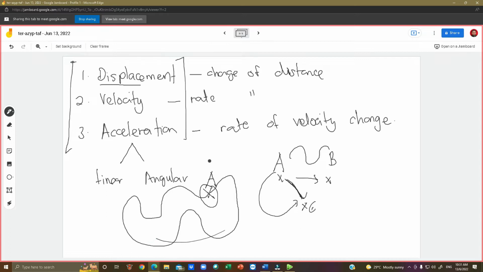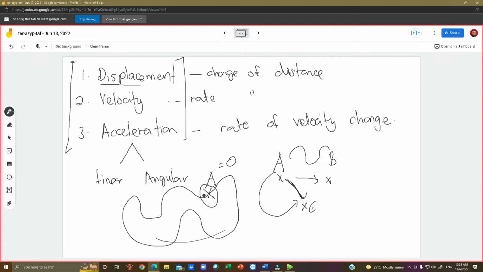Ada perubahan tempat tak? Tak ada, sir. Tak ada. Jadi displacement dalam case ni kosong. Ada distance tak? Is there any distance travel? Ada. Yes. There it is.